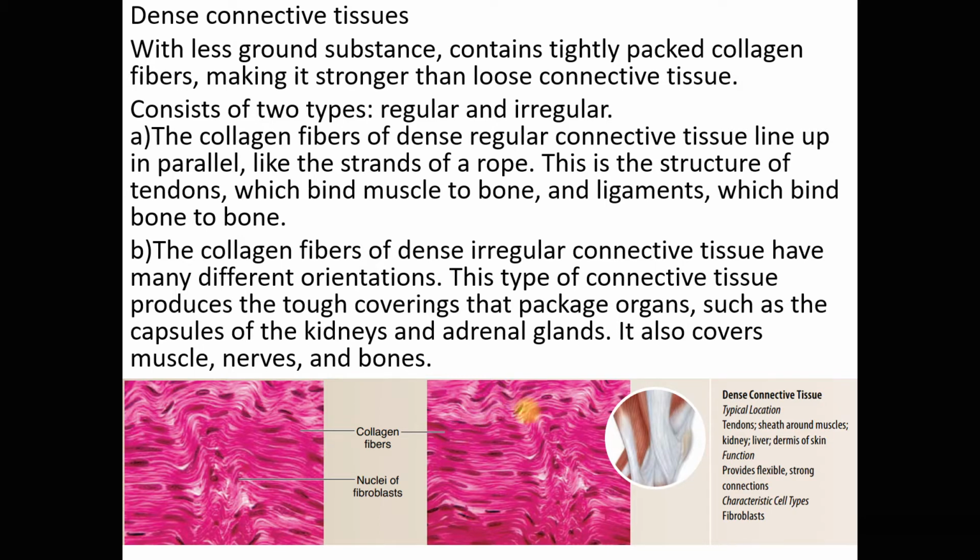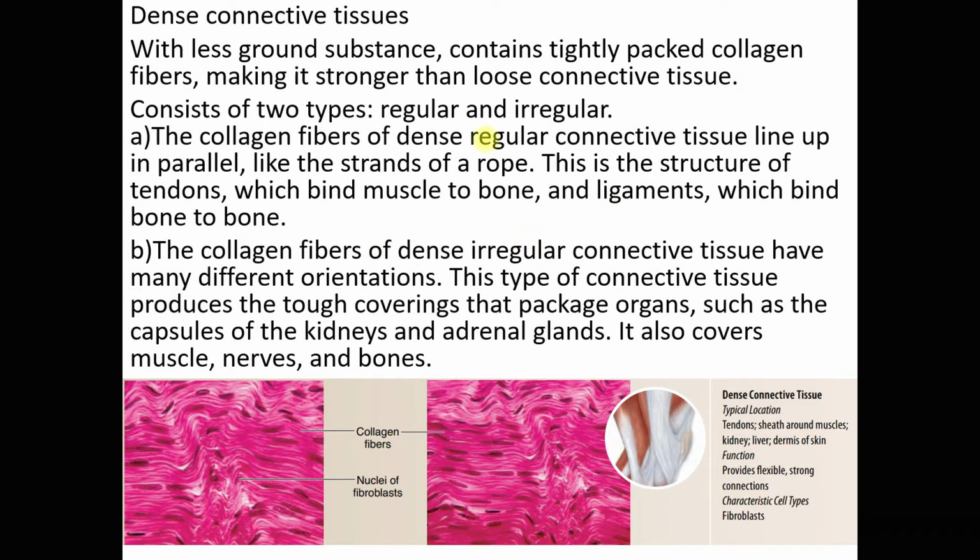Then the collagen fibers of dense irregular connective tissues have many different orientations. That's why it's called irregular, sebab dia punya collagen fiber tu orientation dia ada parallel, ada tidak anti-parallel, so they're irregular.